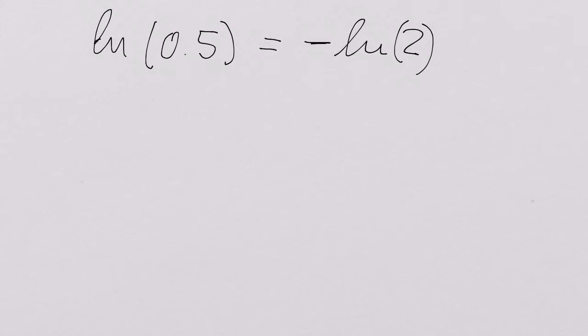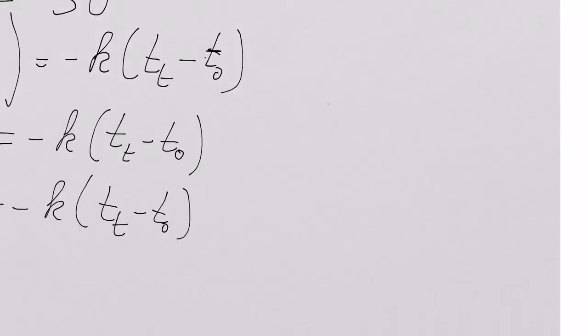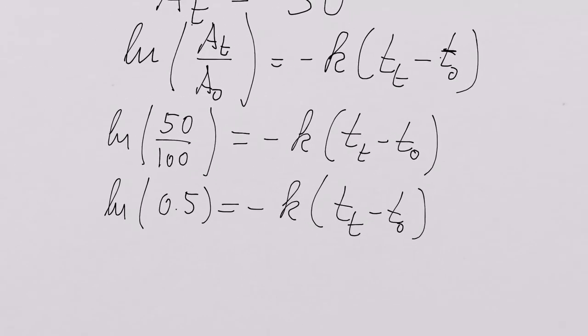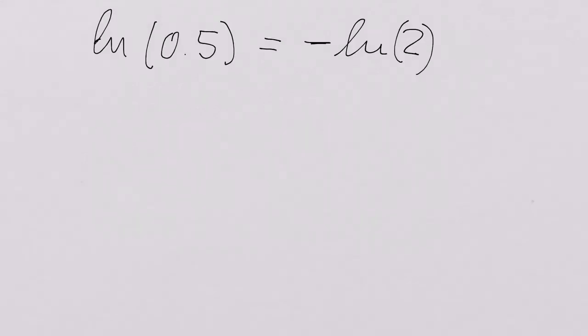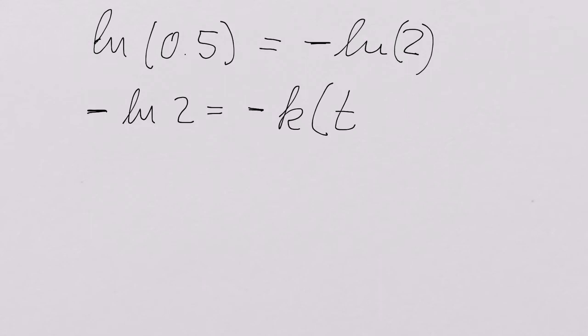If you don't know it, don't worry too much about it. But if I go back to this one here, I can write it as minus ln 2 equals minus k times t. We ignore the 0 because that's the starting point where we start looking at things.